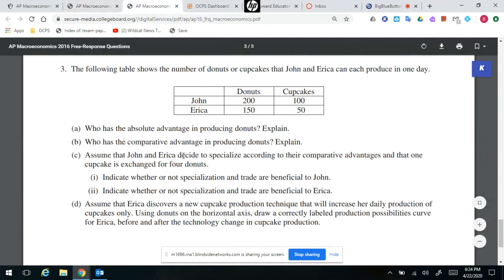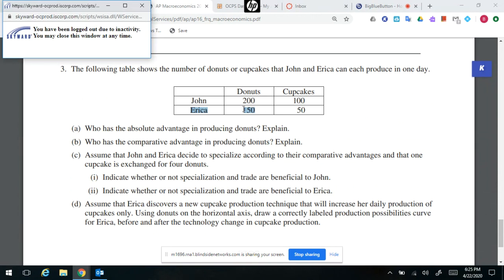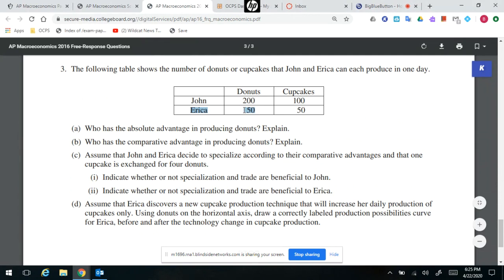Assume that John and Erica decide to specialize according to their comparative advantages, and that 1 cupcake is exchanged for 4 donuts. So we explained that Erica is going to make those donuts here. So if Erica is making the donuts and we are trading 1 cupcake for 4 donuts, well, Erica on her own only has to give up 3 donuts to get a cupcake.